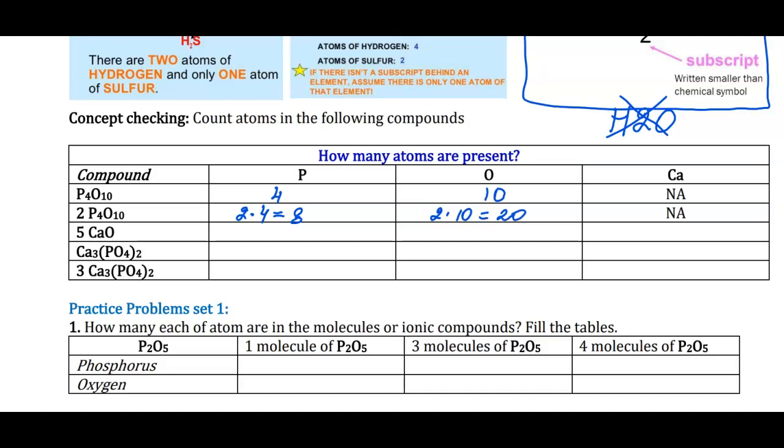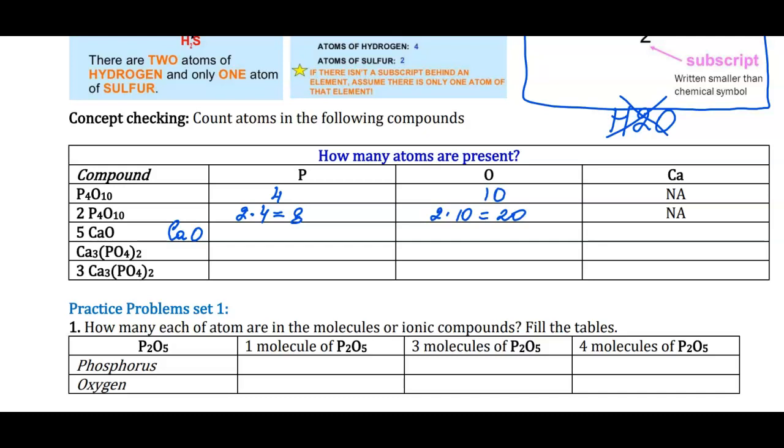So 5CaO, calcium oxide. This is an ionic compound because calcium is a metal and oxygen is a non-metal, so that is calcium oxide. Let's start with just CaO. No subscript here, right? So that means that in one unit there is only one atom of calcium and one atom of oxygen.